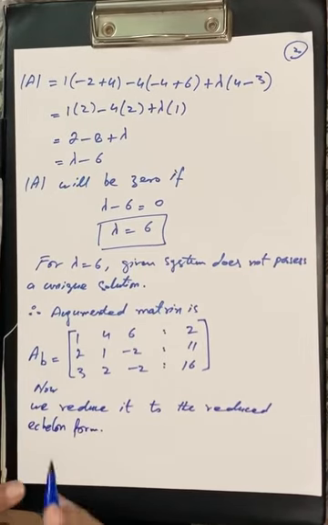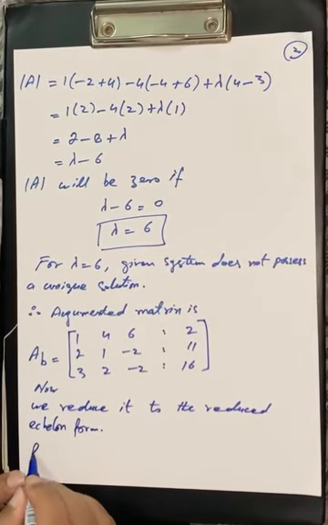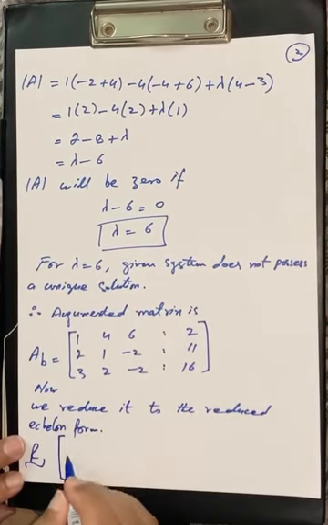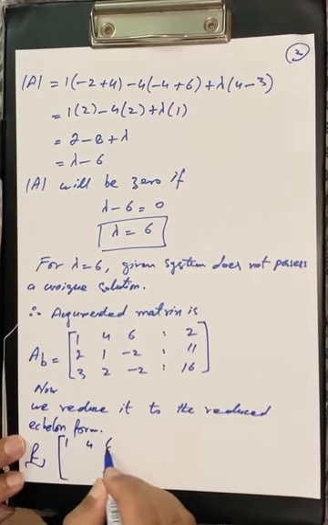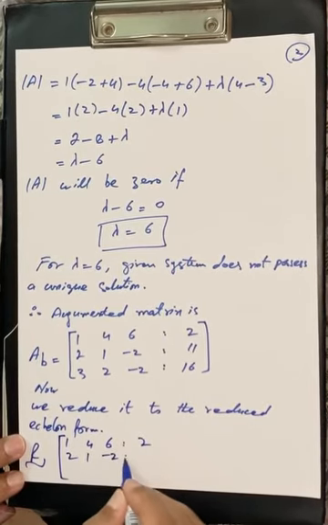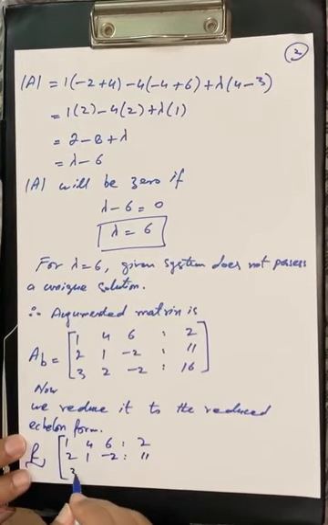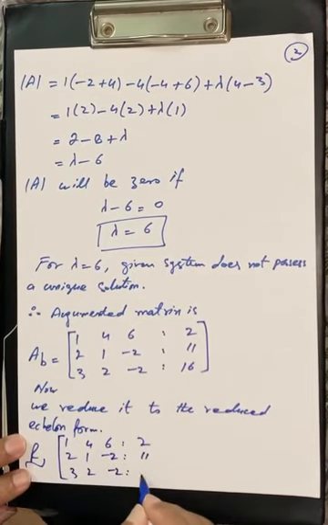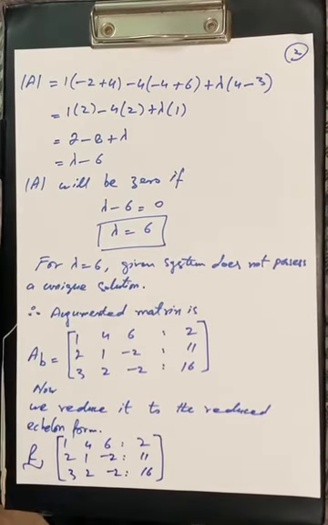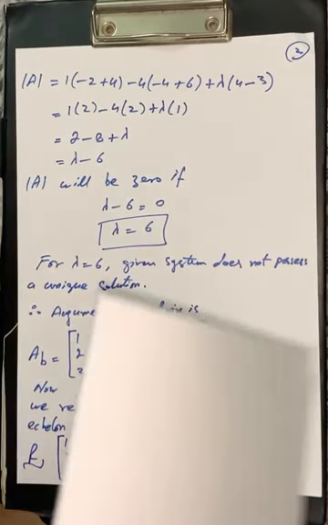When we reduce it into echelon form, we write the row operation. The whole system: 1, 4, 6, 2; 2, 1, minus 2, 11; 3, 2, minus 2, and 16. On the next page, page number 3, I'm going to proceed with it.